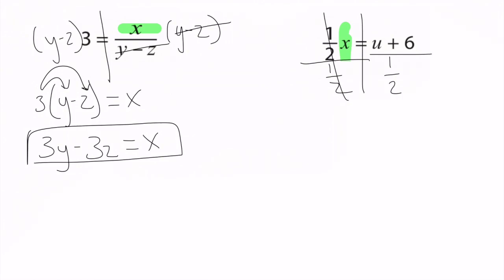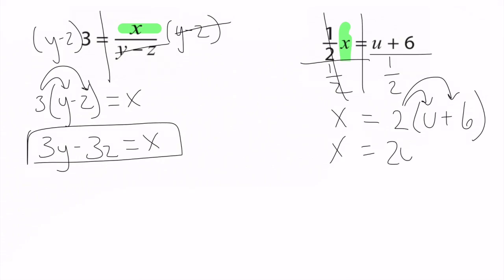So we have x equals 2u plus 6, because dividing by 1/2 is the same as multiplying by 2. Again, we can leave it like this, or we can distribute. That's our answer right there.